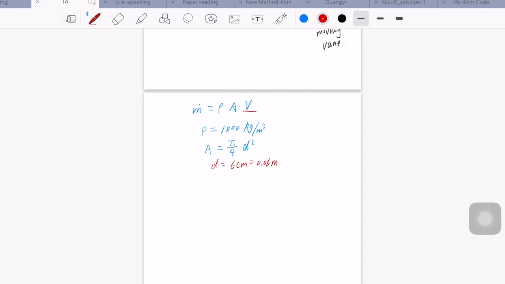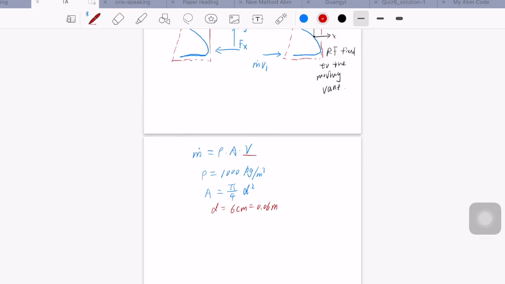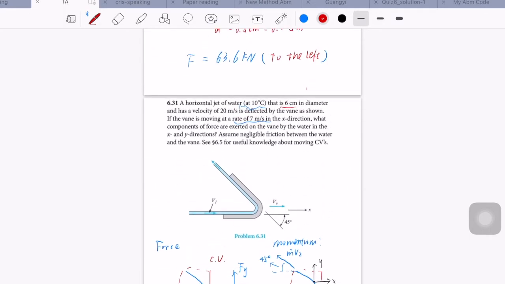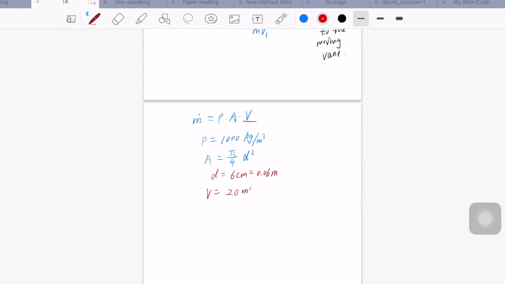And for the velocity, V is actually the velocity of water relative to the CV moving at 7 meters per second. So V should be equal to 20 meters per second minus 7 meters per second.